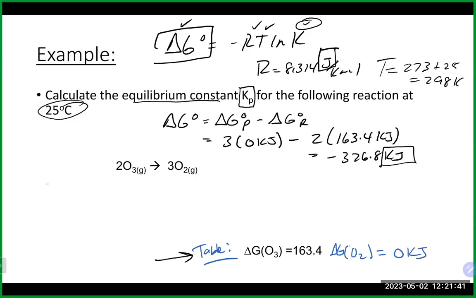So I'm going to take my delta G here of 326.8 and times it by 1,000 to convert that into joules.